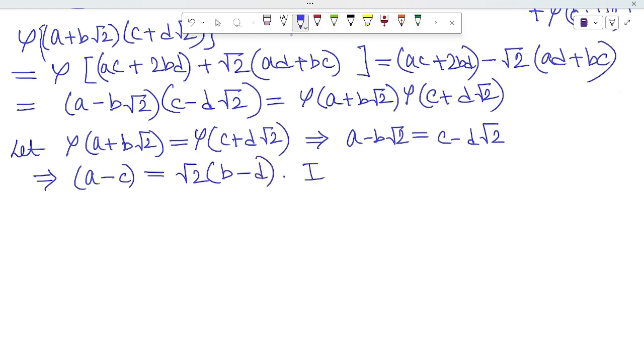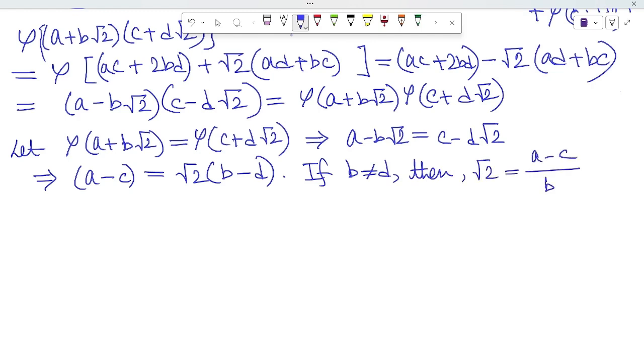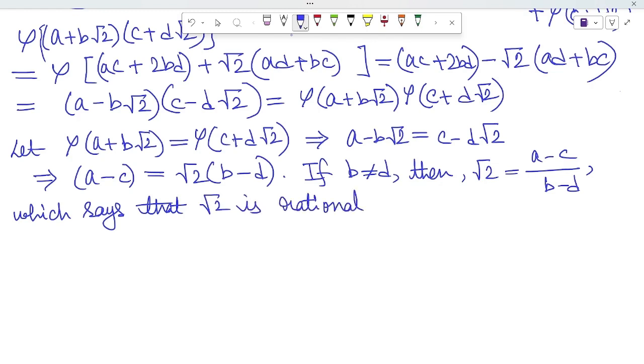Now, if b not equal to d, then root 2 equals a minus c by b minus d, that is, root 2 is rational, which is a contradiction.